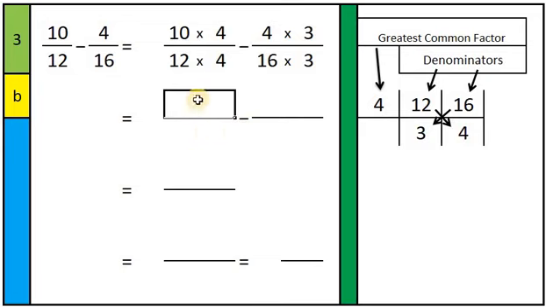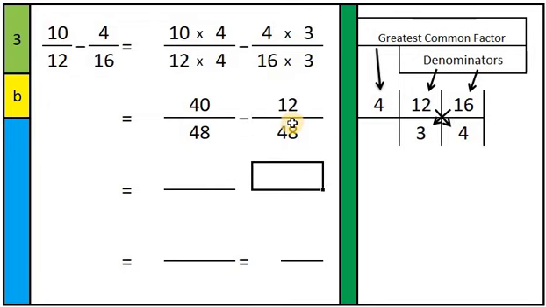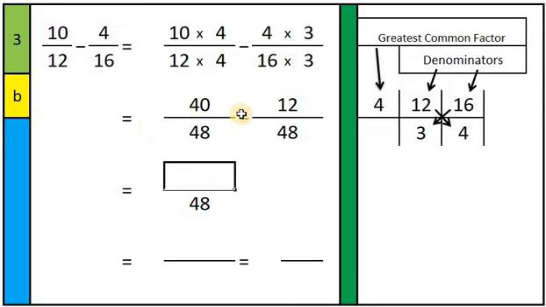So we do the calculation: 10 times 4 is 40, 12 times 4 is 48, and 16 times 3 is also 48. 4 times 3 is 12. Now we have the same denominator for the fractions, so we can do the subtraction. 40 minus 12 is 28.